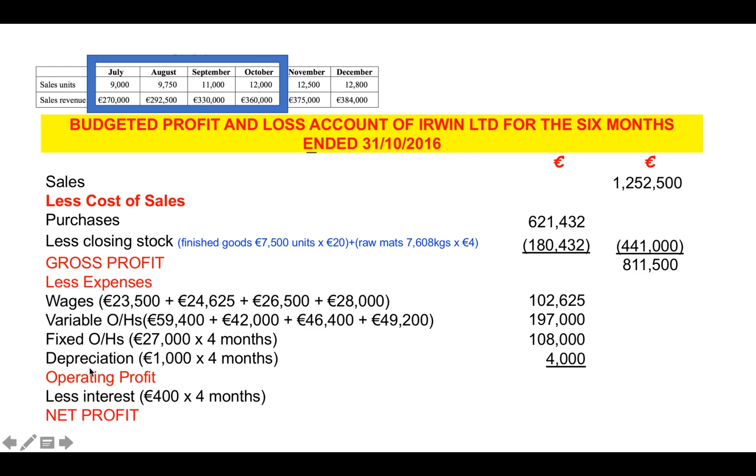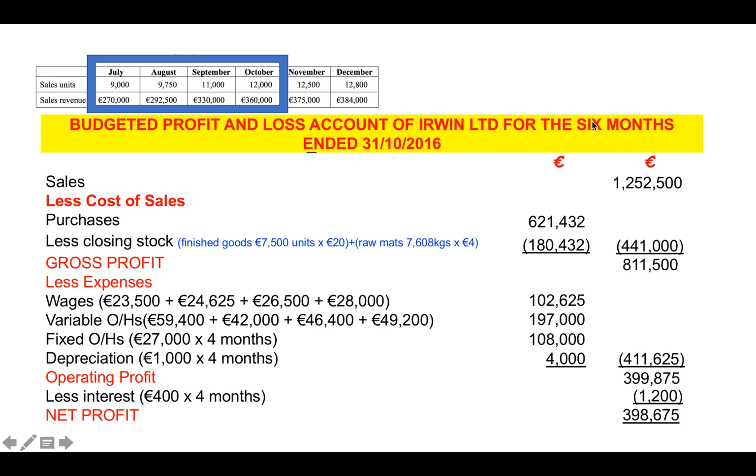Now we're putting depreciation in because in our trading profit and loss, we can put in non-cash items here, so non-cash expenses or revenues. So we want to look out for depreciation, discount received or discount allowed. They can all go in here as well. Then we less the interest, 400 multiplied by 4 months. We worked that out earlier on as well, 1,200, leaving us with a net profit of €398,675. So that is the budgeted profit and loss of Erwin Limited for the 4 months ended 31st of the 10th, 2016.